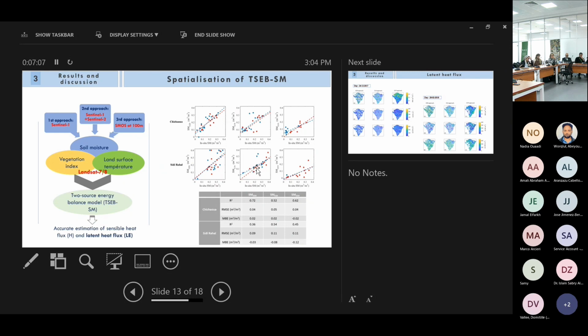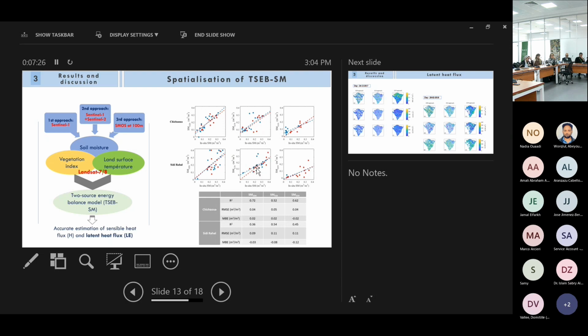The second approach is the TEA soil moisture, where we use a machine learning algorithm with Sentinel-1 and Sentinel-2 to retrieve soil moisture. And the third one is SMOS data disaggregated to 100 meters.